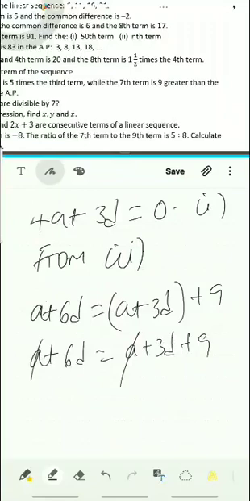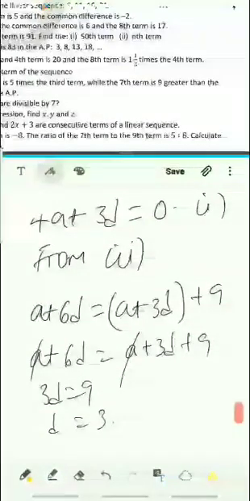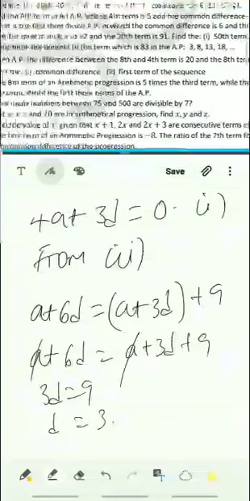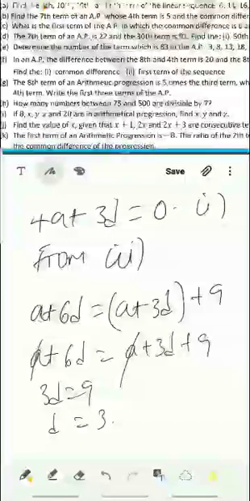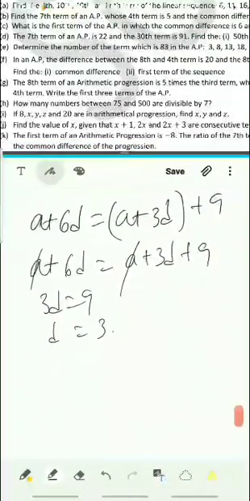So you have 6D minus 3D, 3D equals 9. Then D is equal to 3. So you can see D is equal to 3. What are we even told to get? Write the first 3 terms of the AP.